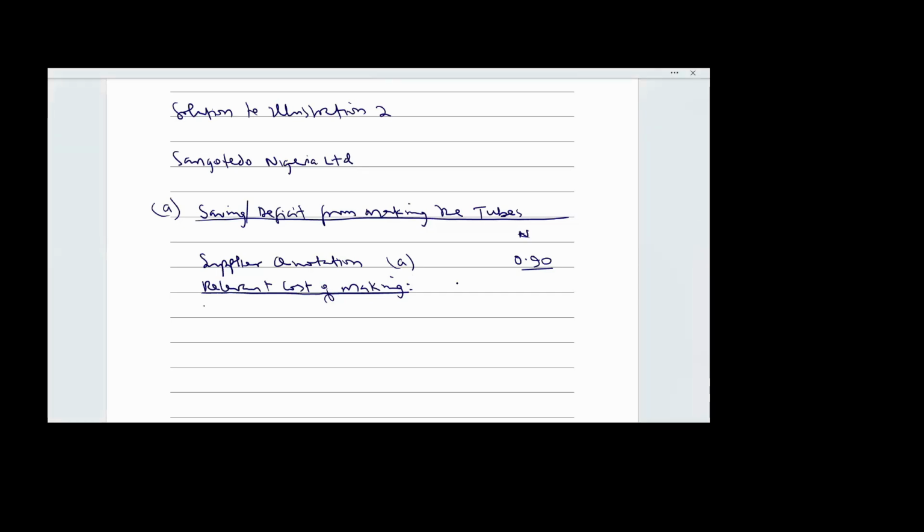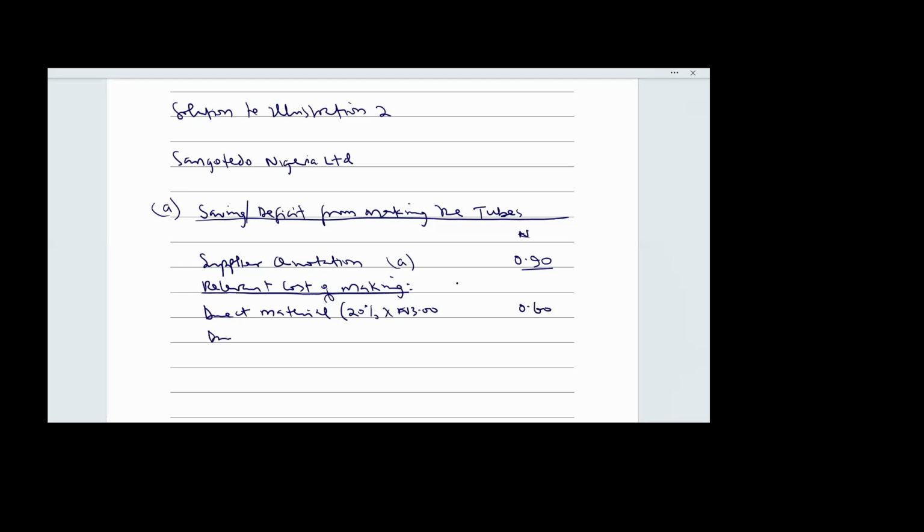Therefore, direct material is 20% of 3 naira, which is 0.60.